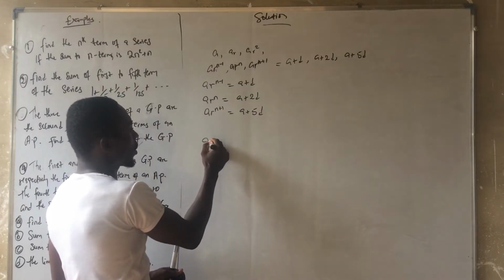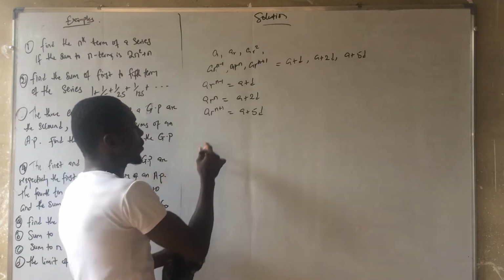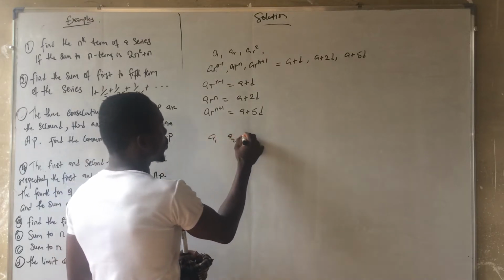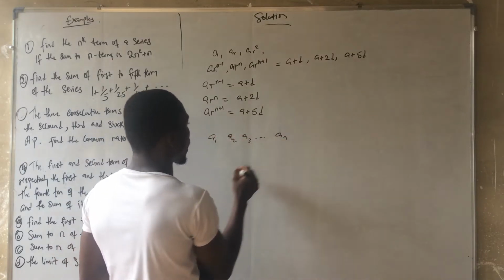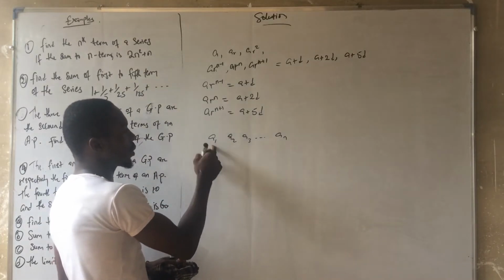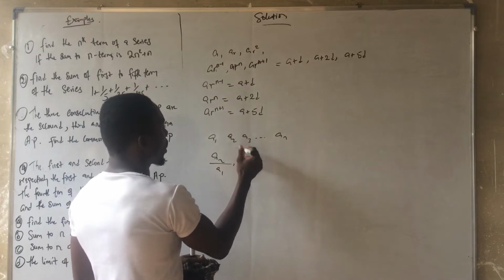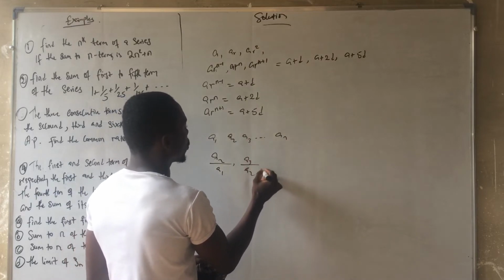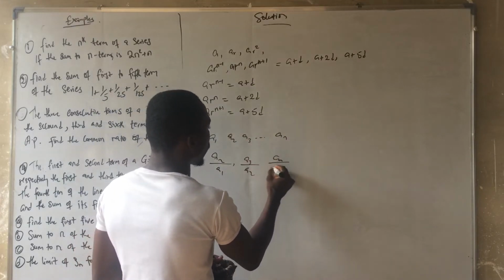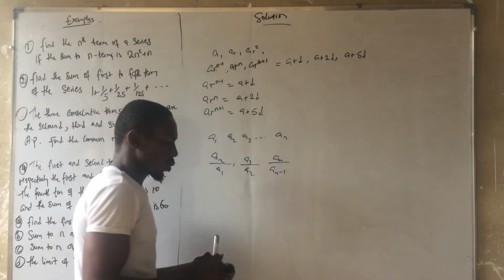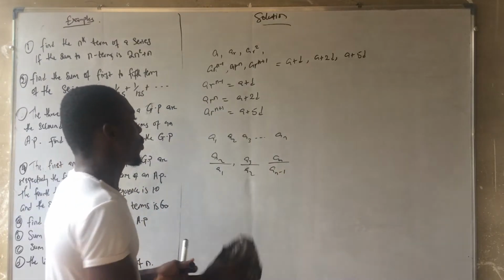For example, we'll have a1, a2, a3 down to an, and you want to find the common ratio: you divide a2 by a1, then a3 by a2, meaning an over a(n-1). With that, you find the common ratio.